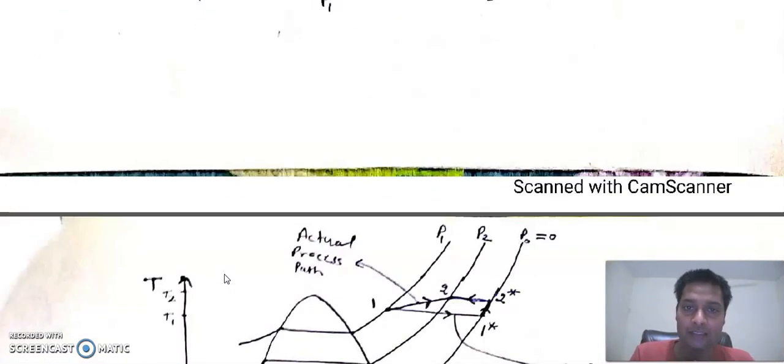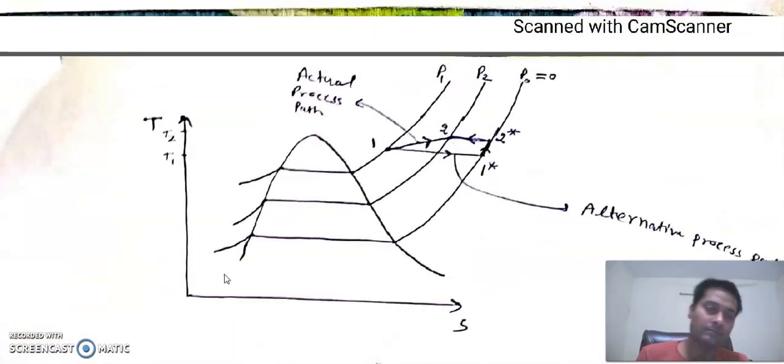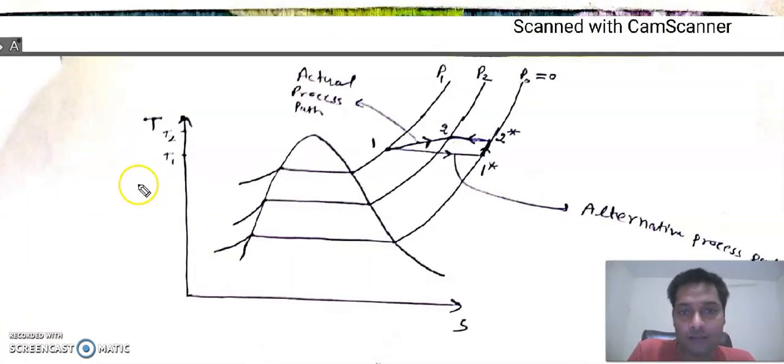I will explain this with the help of this diagram. Let us assume a system is at state 1 with temperature and pressure T1 and P1 respectively, and it changes to state 2 where temperature and pressure are T2 and P2.